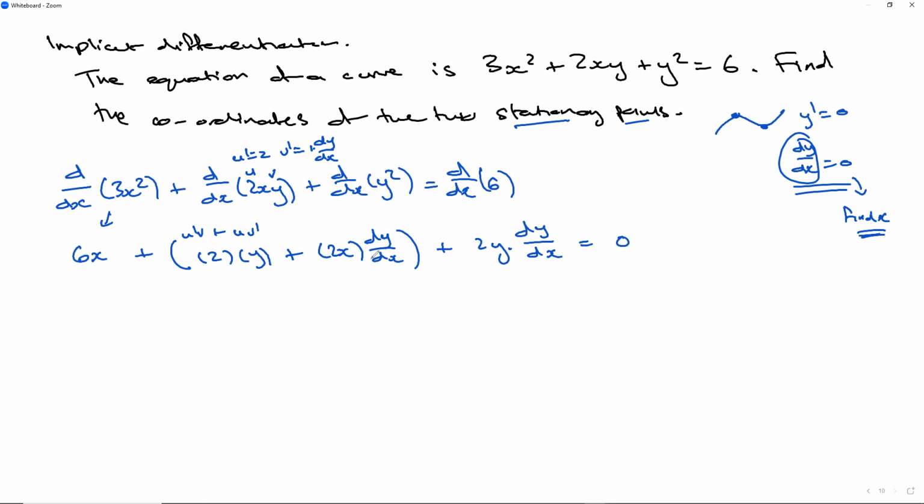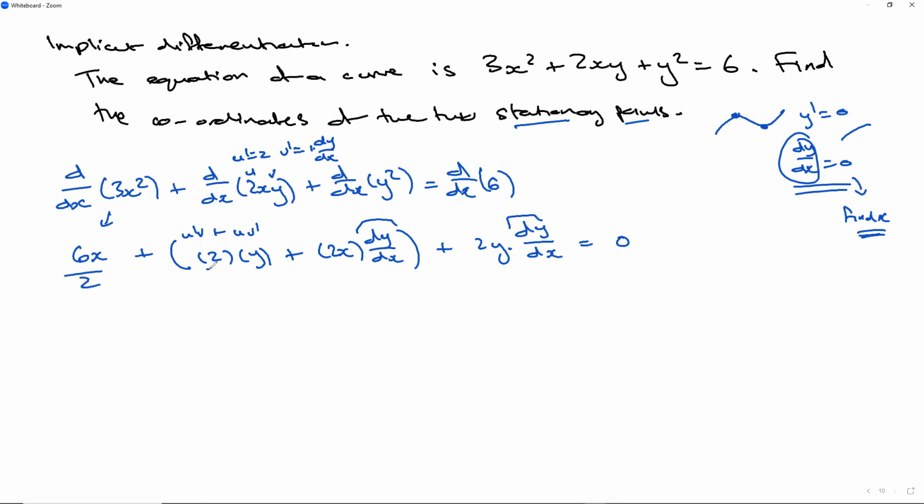So what have I introduced now? I've introduced dy dx, which gets me close to that spot, and making that the subject of the formula would help me now. So I got 6x plus 2y, which I can actually move onto the right-hand side of the equation.